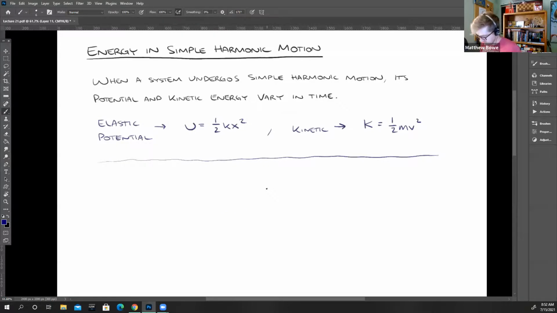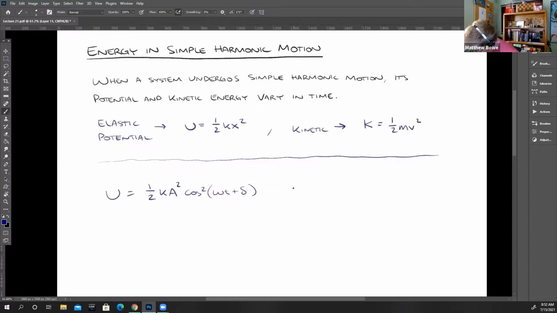So we have this new way of describing these energies. One half k A squared, where A is the amplitude of its motion, cosine squared of omega t plus delta.